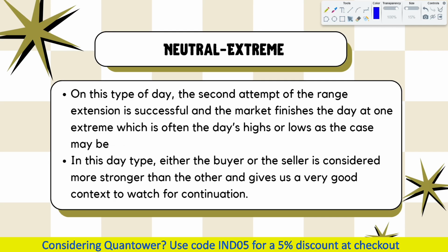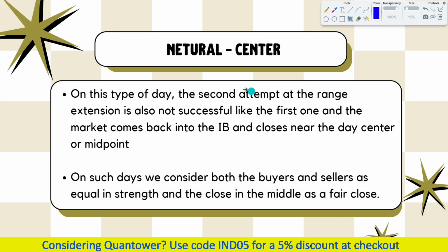Okay, so now let's see neutral extreme. So hope you understood about the center. Center is nothing but, let's say, IB high is given a breakout and then pushed back, and low is also given a breakdown and again pushed back into IB, and somewhere it will close near the middle of the IB.